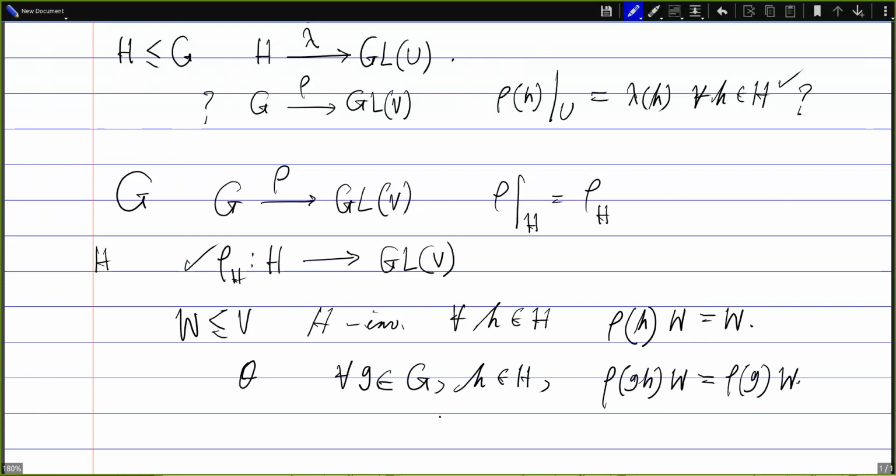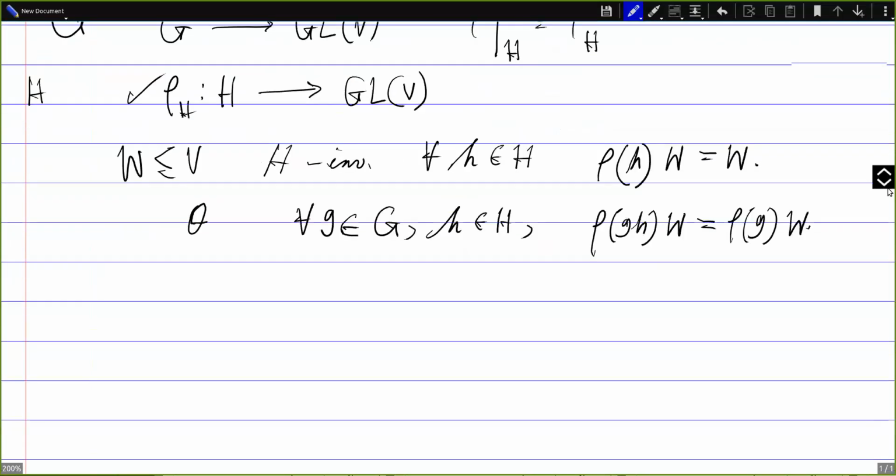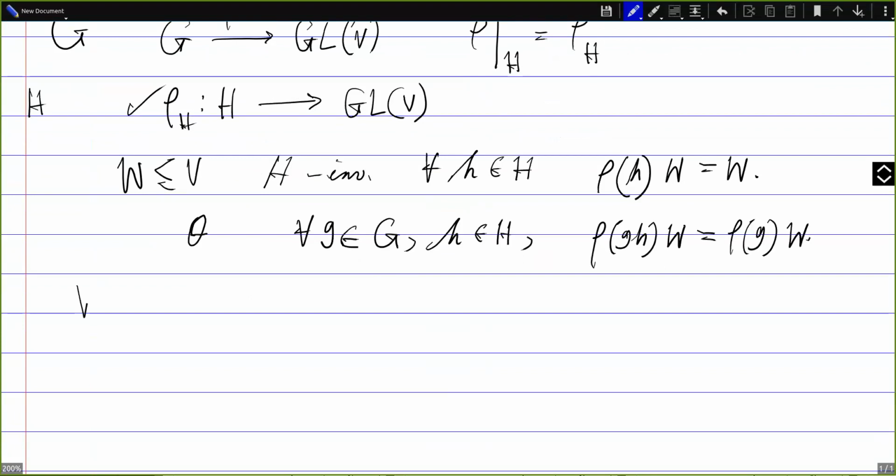So what does that show actually? What does that mean? It means that for every coset, this does not change for any representative of the coset.